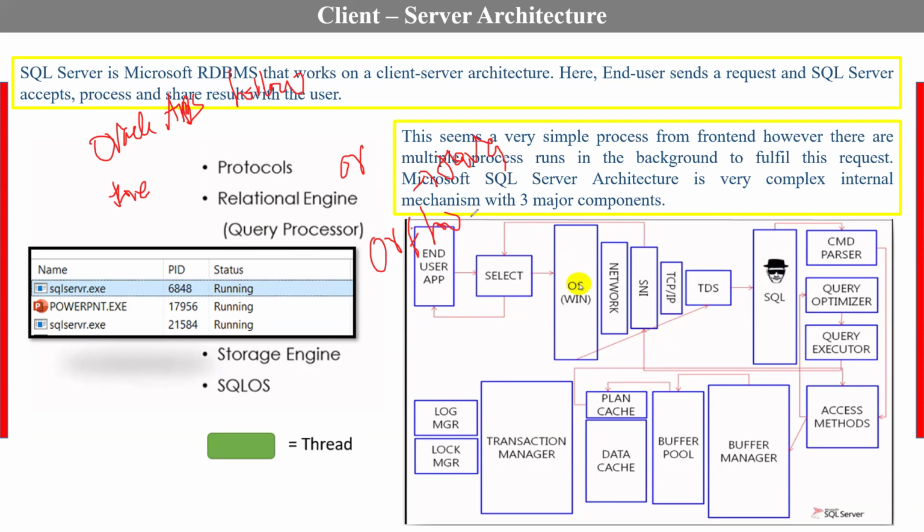To integrate Oracle and the Oracle tool, they use Java as a middleware. So Oracle Apps works on 3-tier architecture, but SQL Server follows 2-tier architecture.